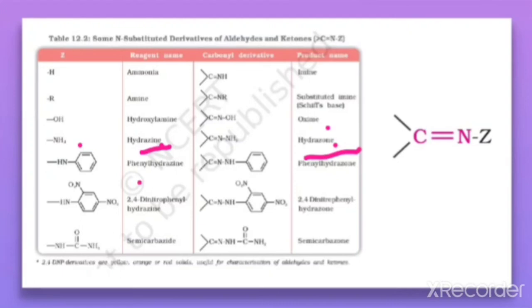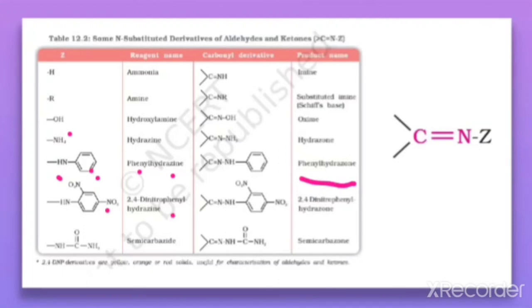Similarly, next we have phenylhydrazine. Look at hydrazine and phenylhydrazine. What is the difference here? It is NH2 and this one is NHC6H5. That is phenylhydrazine. What is the product name after reacting with the aldehyde and ketone? The product name is phenylhydrazone. Next is 2,4-dinitrophenylhydrazine.